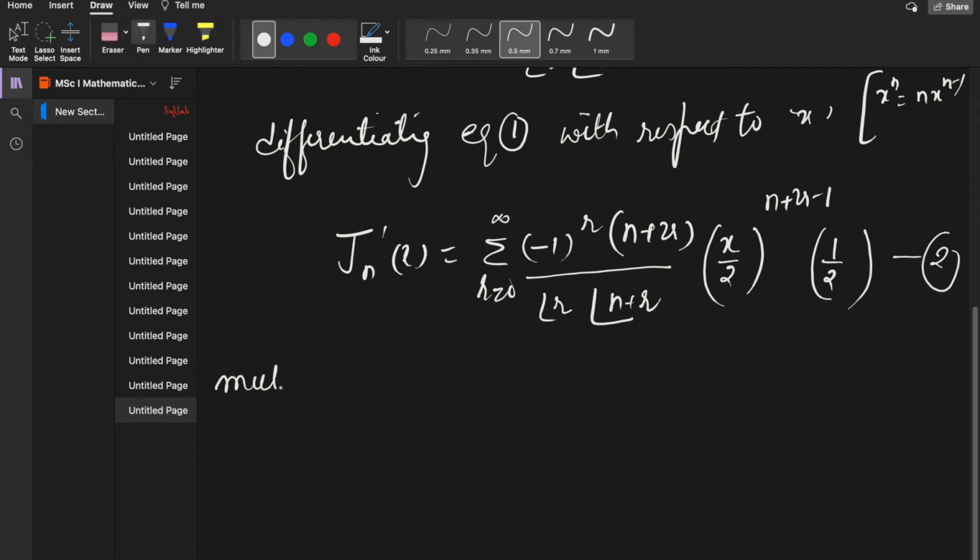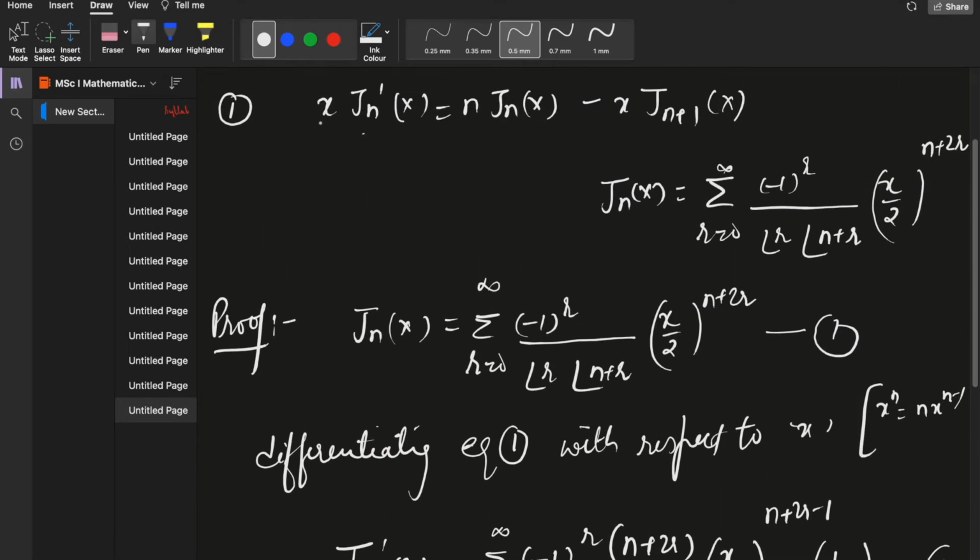Now we need one additional term, x, multiplying with J_n x.